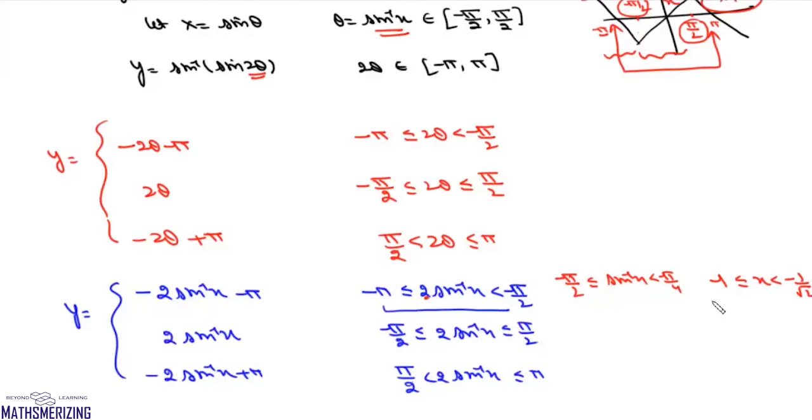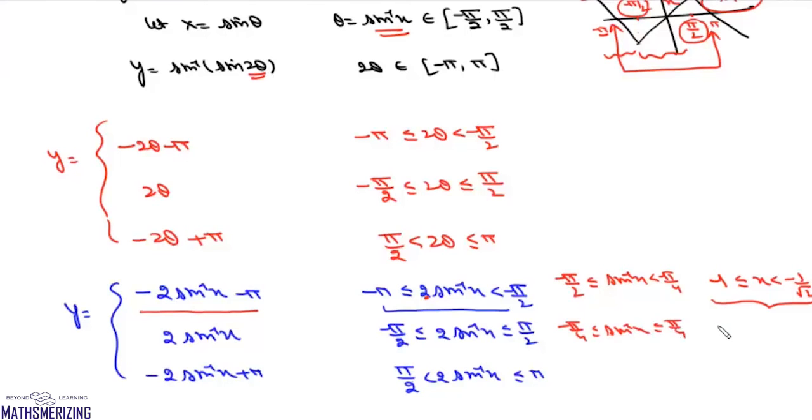So if x lies between minus 1 and minus 1 by root 2, then this expression is equal to minus 2 sine inverse x minus pi. Now here if we divide by 2, we'll get minus pi by 4 is less than or equal to sine inverse x is less than or equal to pi by 4.